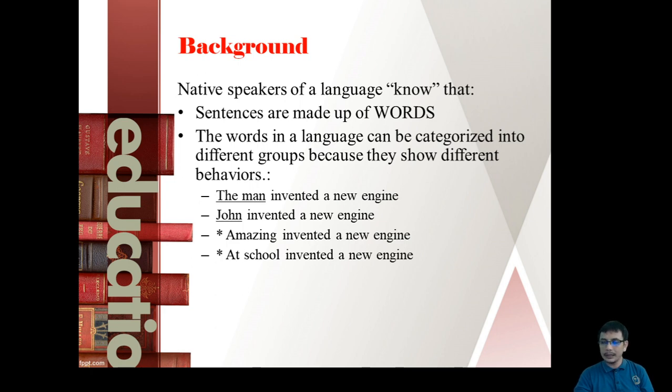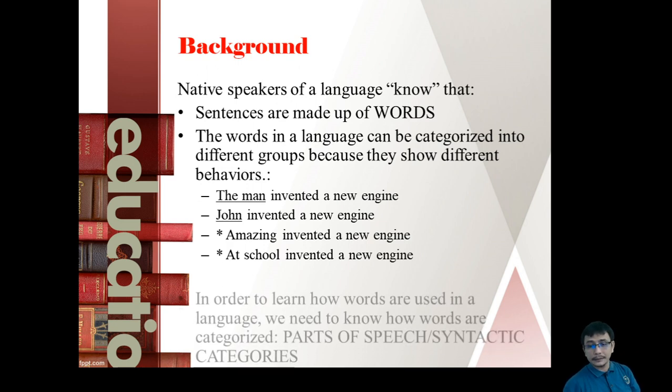It is ungrammatical. And also, when we change it further into "at school," and it becomes "at school invented new engine," native speakers of English will also say that it is ungrammatical. This ungrammaticality is shown by the asterisk that I put on the left.